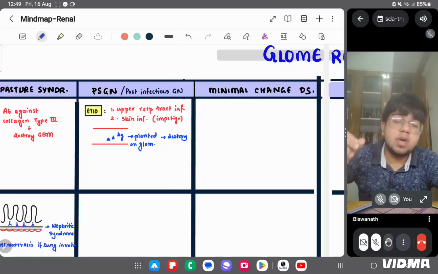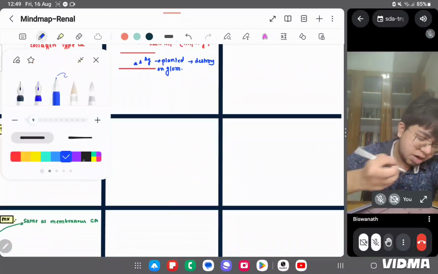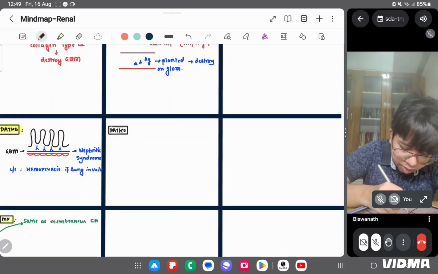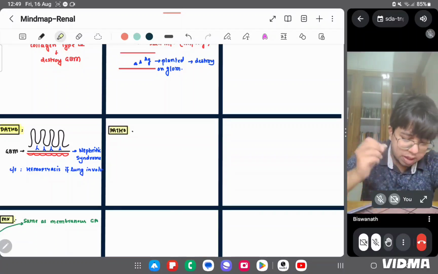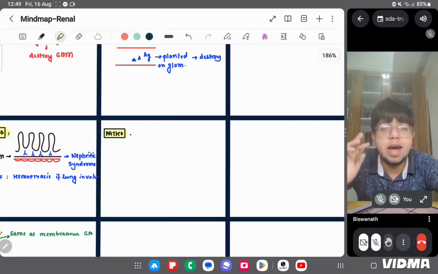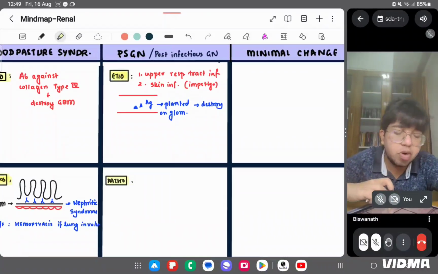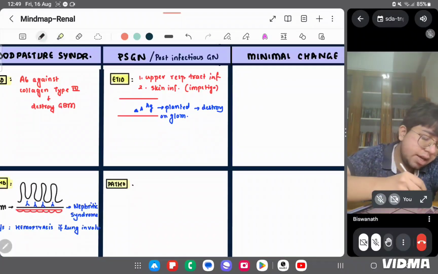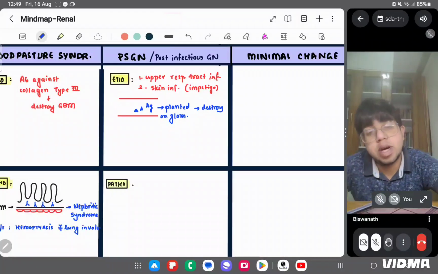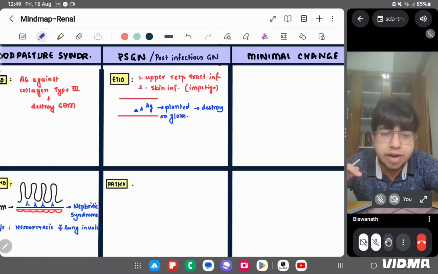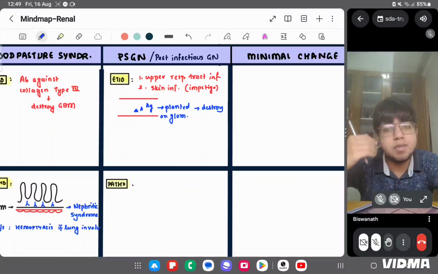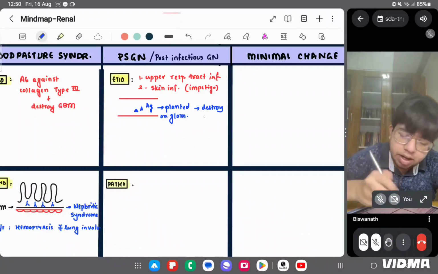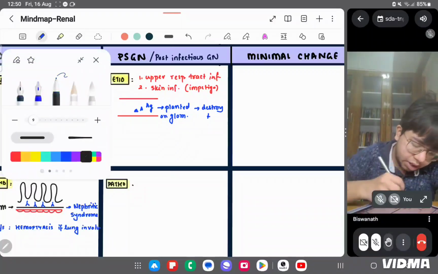So what is the pathogenesis? I told you in etiology itself, but let's say we have a pathogenesis column, so I'm writing it. Pathogenesis: let's say we have a streptococcal antigen, because this is post streptococcal glomerulonephritis. Whenever the antigen comes to the blood, it will destroy and cause a characteristic cola colored urine.